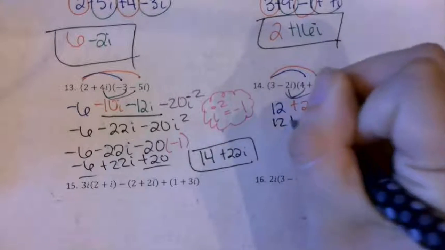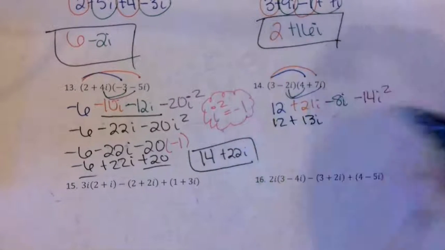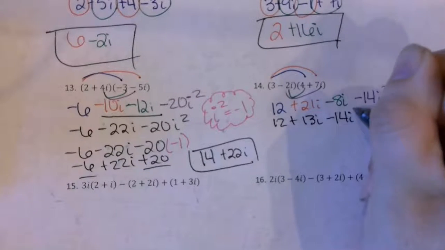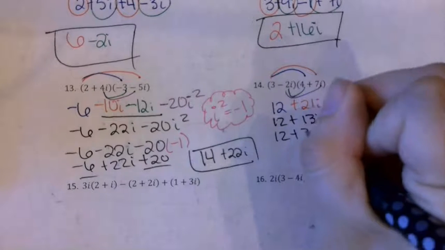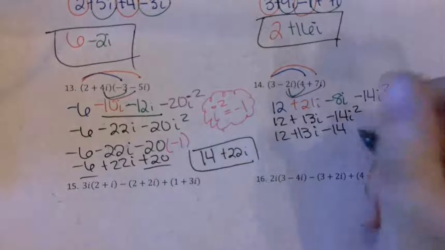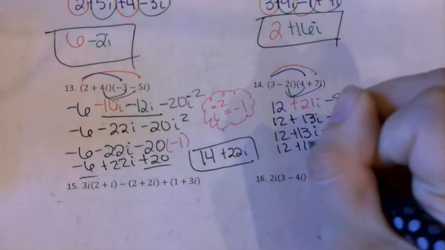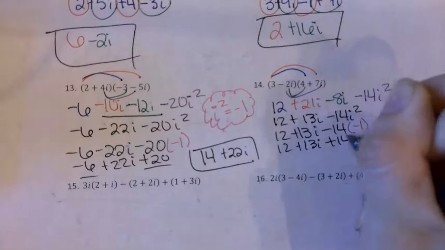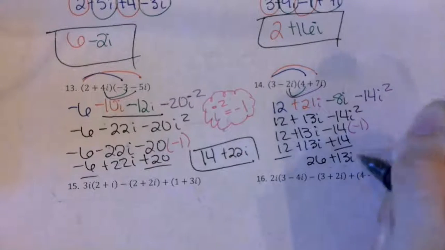So I have 21i minus 8i is 13i, minus 14i squared. I'm going to turn that i squared into a negative 1. Then I'm going to multiply, so I have 12 plus 13i plus 14. 12 plus 14 is 26 plus 13i.